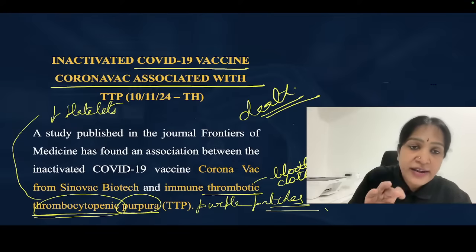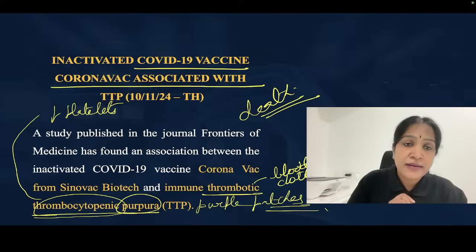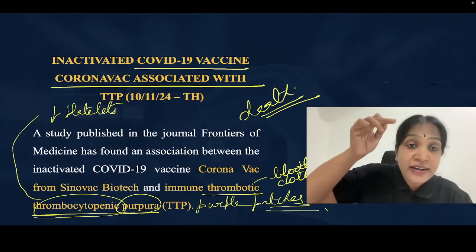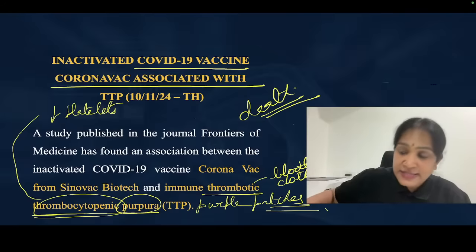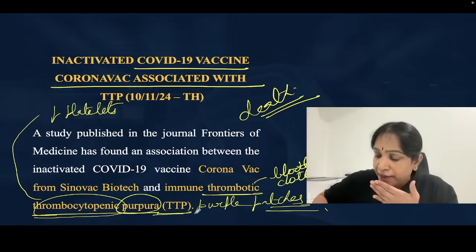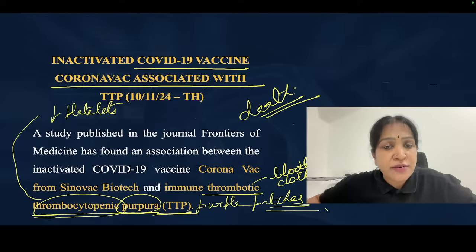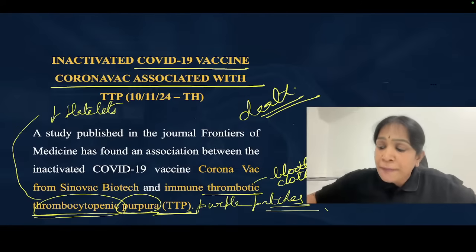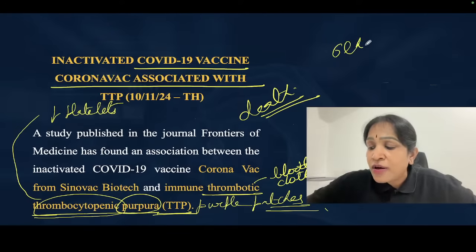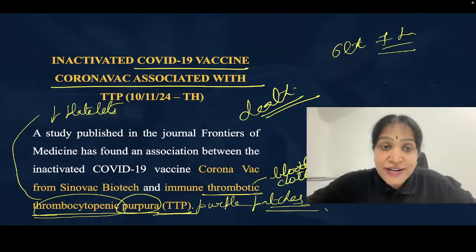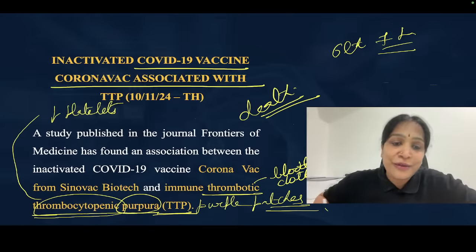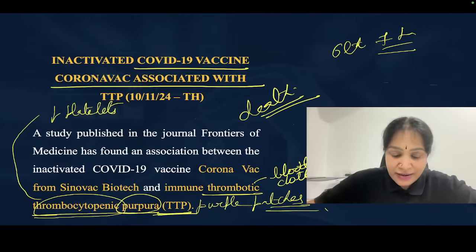If you get COVID-19 also, this can occur. Vaccine in fact reduces the TTP cases by controlling the pandemic. If the vaccines were not there, probably we would be in the 6th wave or 7th wave. Did you understand? So more people would have died due to TTP. Did you understand?